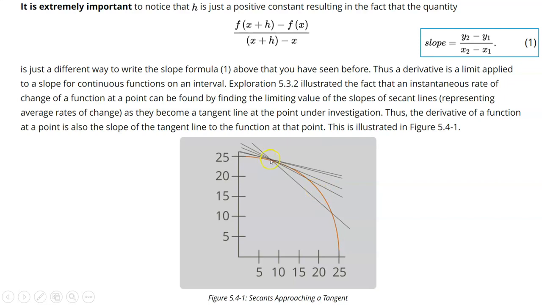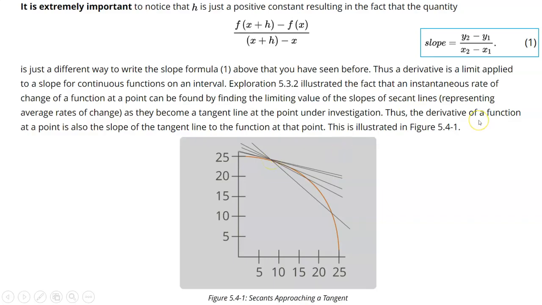But as you bring, say this is the point of interest that we're approaching, as you make each of these other points from the secants closer and closer to that original one, like h is approaching 0, it's slowly becoming a tangent line. These secants are becoming the tangent line, which hits the arc at one point and then just goes off somewhere. So the tangent line hits at one single point.